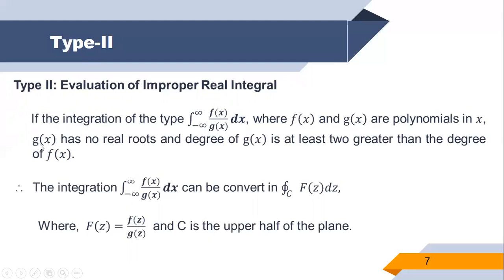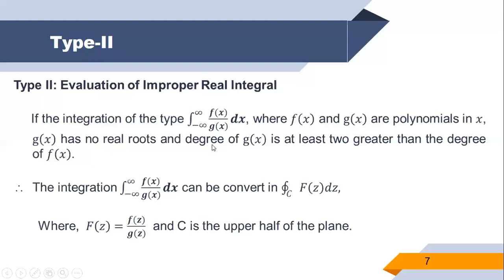Second, g(x) has no real roots. And third, the degree of g(x) is at least 2 greater than the degree of f(x). So these are the conditions.